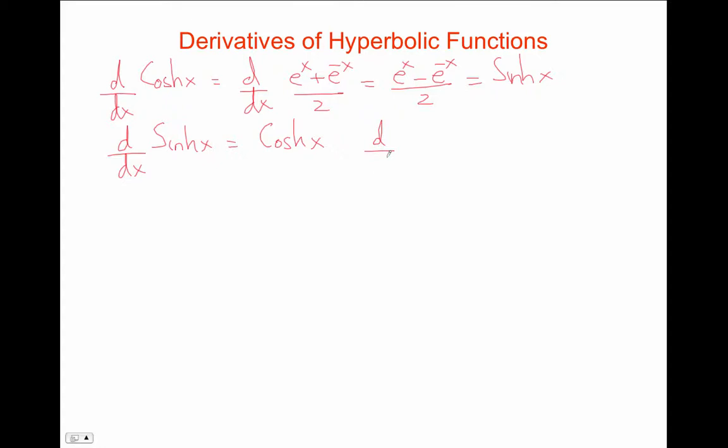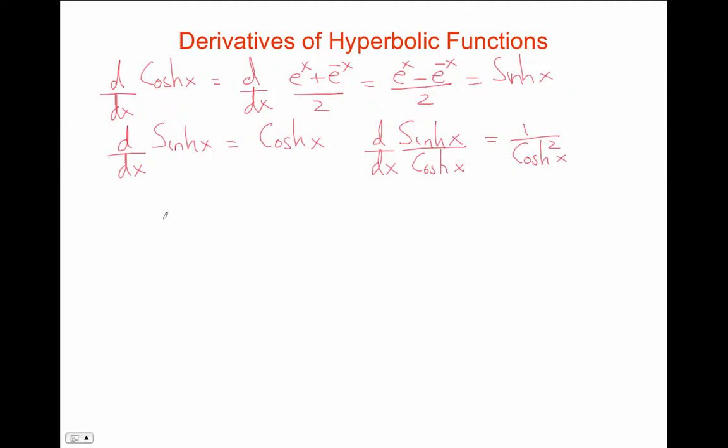Now, it's very clear from all that we've studied that if I have two functions whose derivatives I know, sinh of x and cosh of x, I can get the derivative of their ratio. That ratio is hyperbolic tan of x, and you can easily check that the derivative is 1 over cosh squared of x.